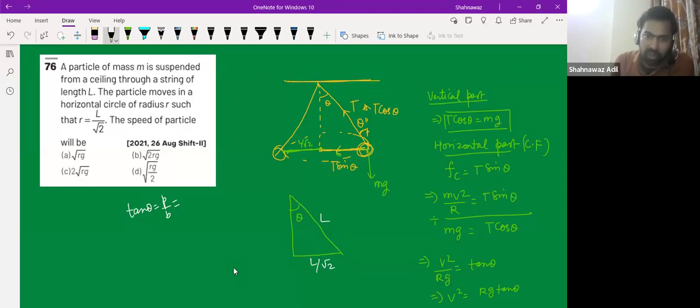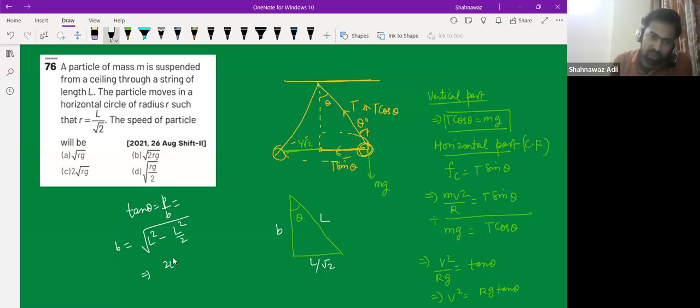So what is the base? Base is hypotenuse square minus this square, so L square minus L square by 2.